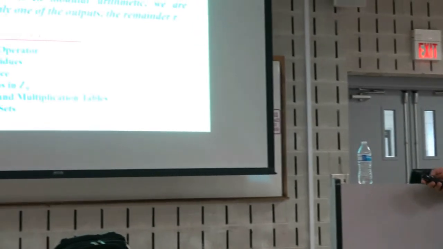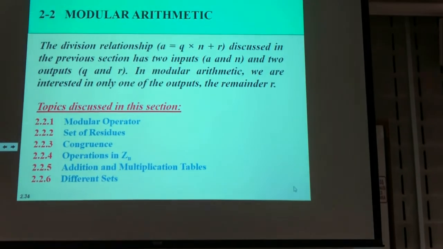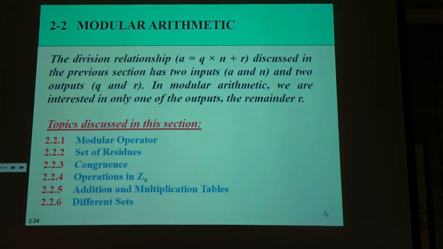All right. So let's move on to modular arithmetic. You know what modular arithmetic is, right? Well, in modular arithmetic, the division is not important. What is important is the mod, the remainder.